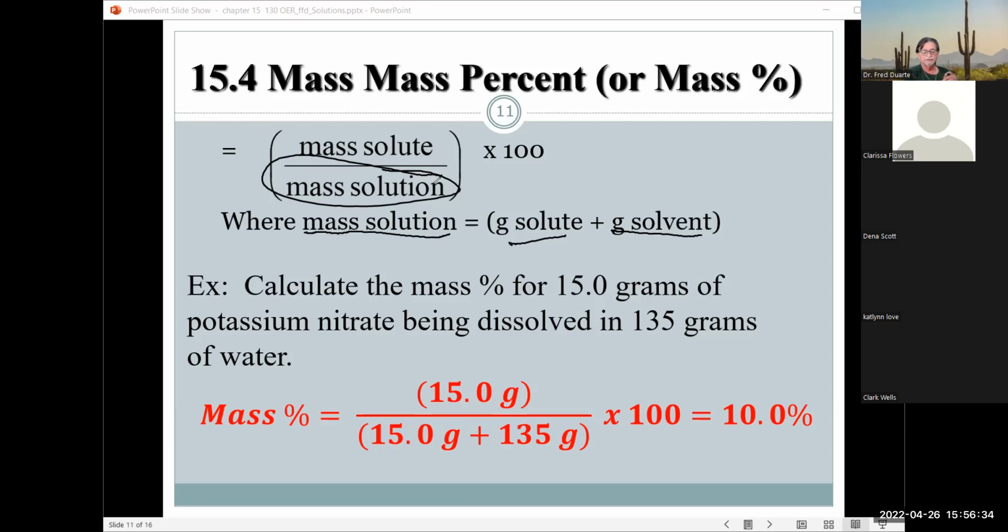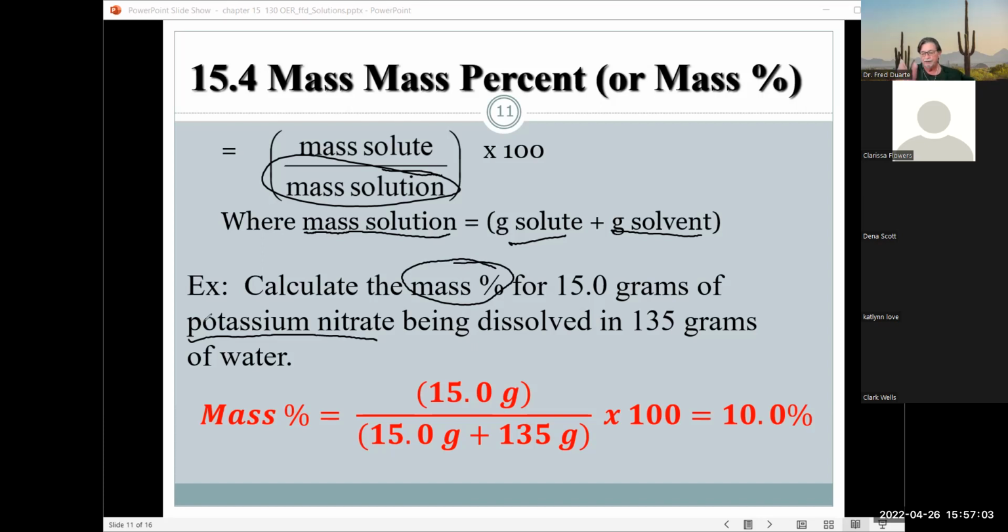And so let's take this example here where they say, calculate the mass percent if you take 15 grams of potassium nitrate and you dissolve it in 135 grams of water. Okay, point number one. We are talking about the mass percent. Therefore, we don't need to know the formula for potassium nitrate.